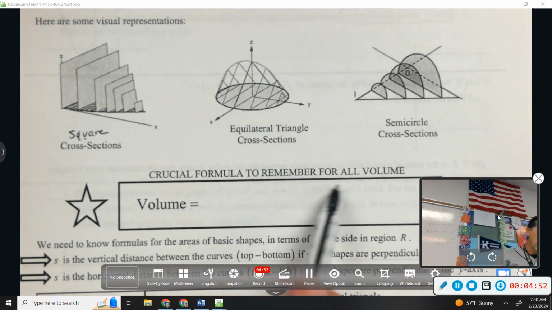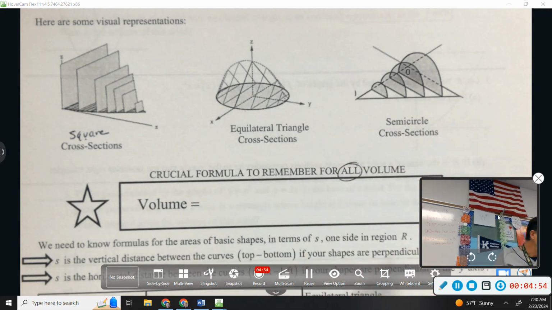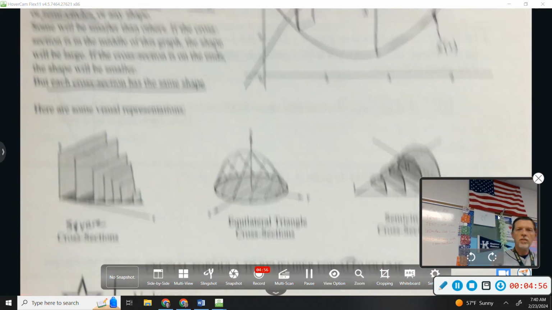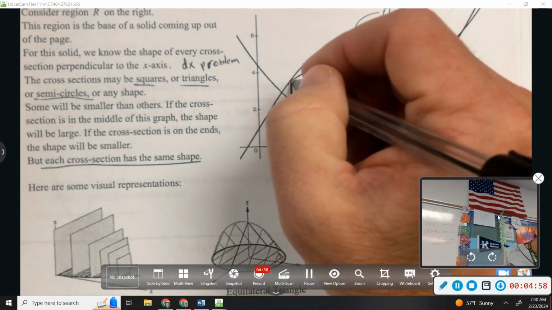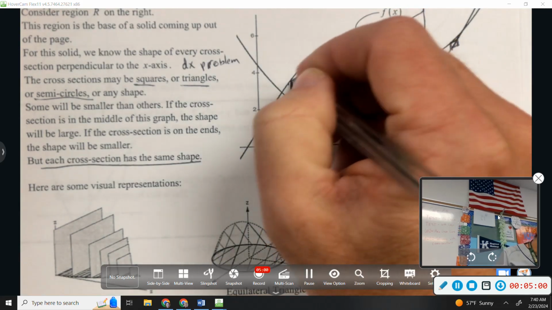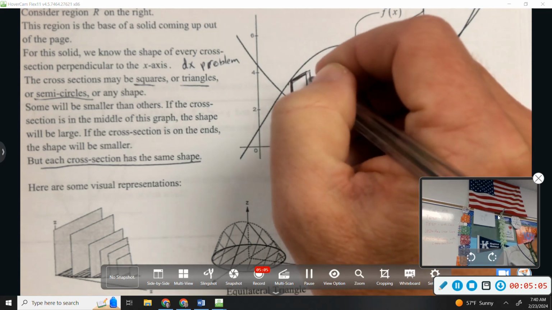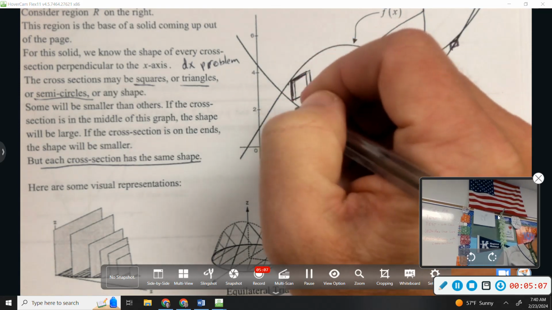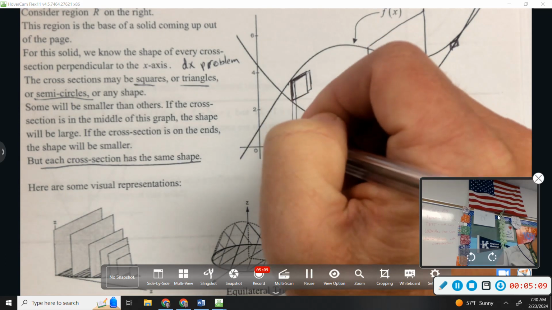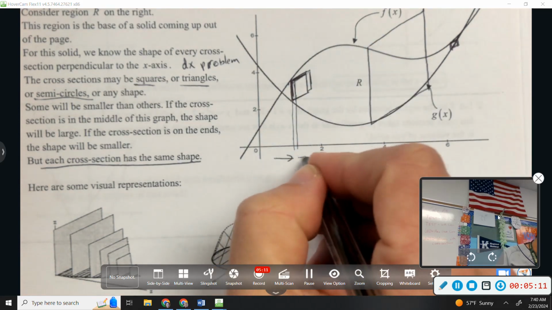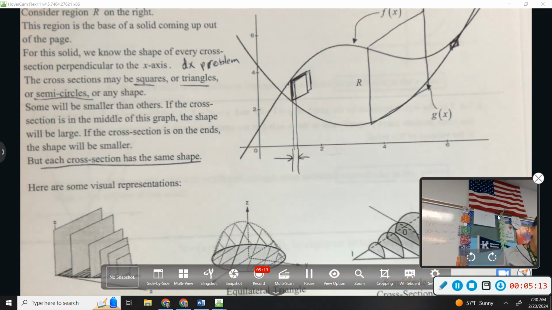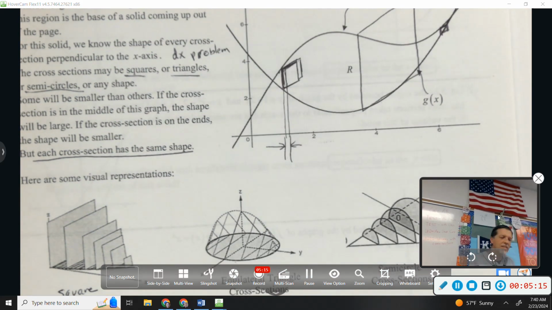The crucial formula to remember for all volumes, let's see if we come up with it here. Let's look at that one slice that we drew earlier. The trick is that slice has a thickness. Do you know how thick that slice is? It's similar to the thickness of the rectangle from yesterday.